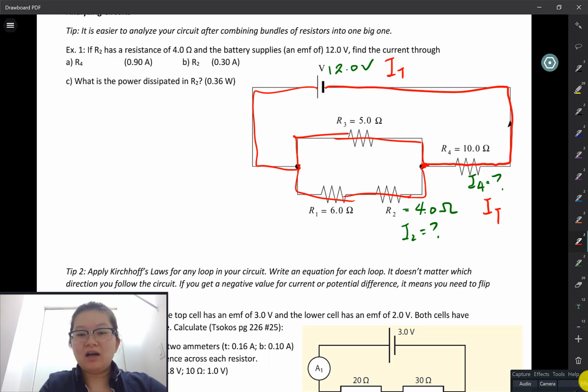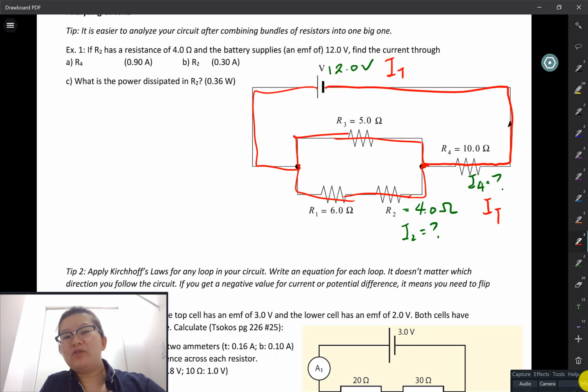But that current is not going to be the same going through this 2nd resistor, because that's going to depend on how this current gets divvied up across each of these pathways, which will depend on the resistors in each pathway as well.